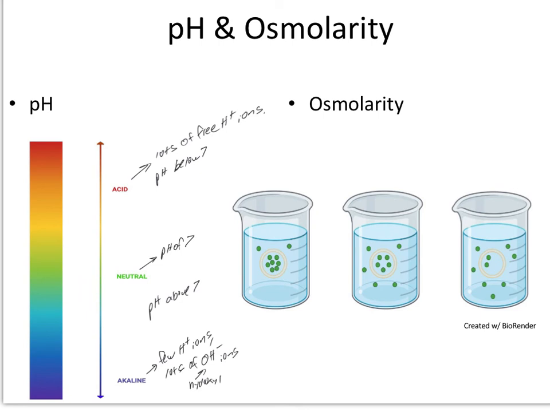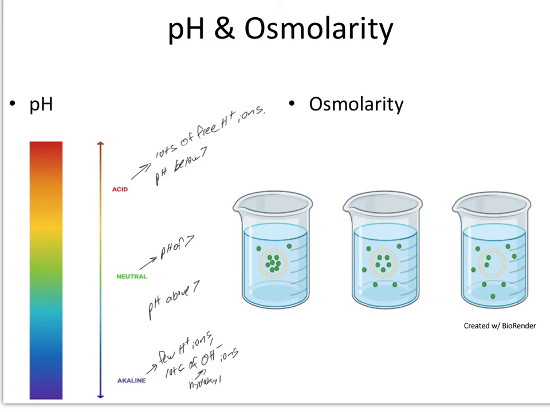Later in the semester, in subsequent chapters, we will talk about organisms that live on the extremes of the pH scale. So there are some organisms that like really acidic environments and some that like really basic environments. And we'll talk about the physiology of those and where we can find them in the environment. In terms of osmolarity, this one is sometimes not fun for a lot of people.